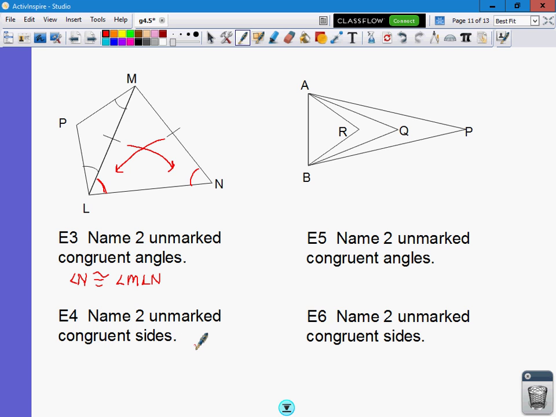Name two unmarked congruent sides. That's coming from the other triangle. Segment, whoops, PM is going to be congruent to segment PL because they are across from congruent angles.